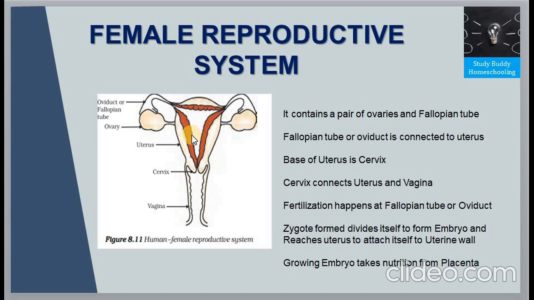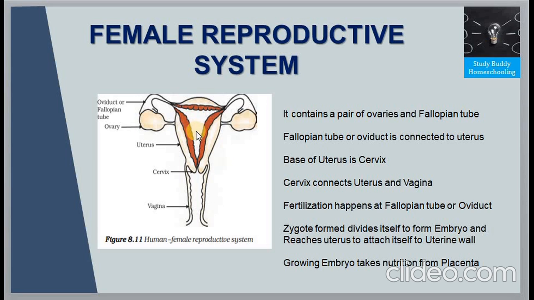Where does it get the energy from? It gets it from the placenta, a disc-shaped structure attached to the uterine lining. This placenta is supplied with a number of villi with numerous blood vessels. Through these blood vessels, oxygen and nutrients reach the growing embryo.